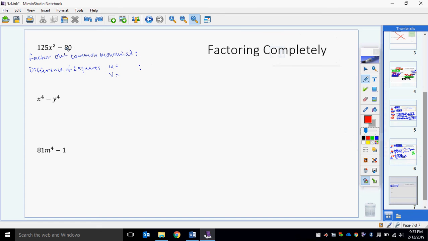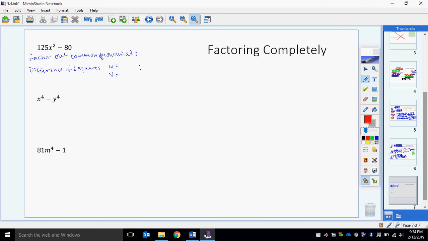All right, in the first one, 80 isn't a square, right? It's not 20 squared, it's not 40 squared. So this isn't the difference of two squares. It's not the difference of two cubes either. 80 isn't a cube. 125 is a cube, but x squared isn't cubed.